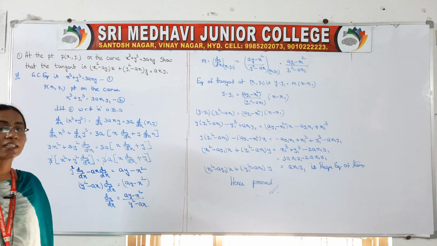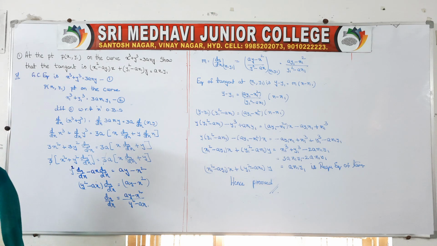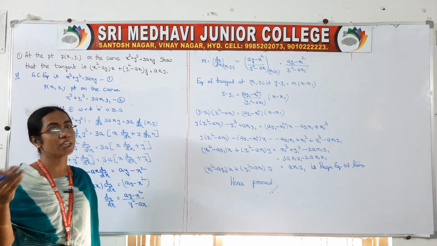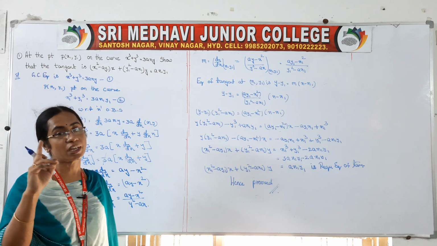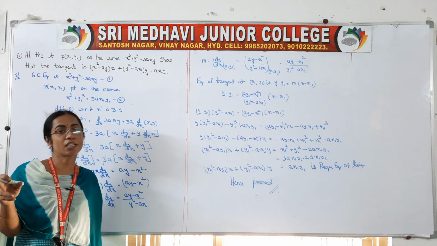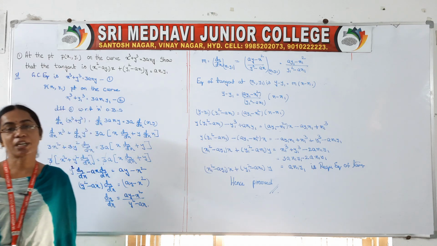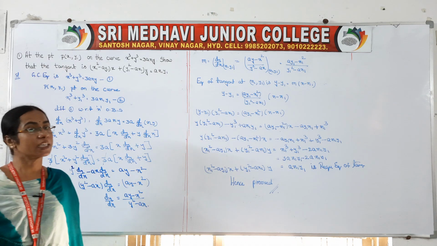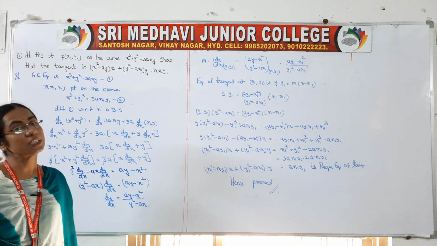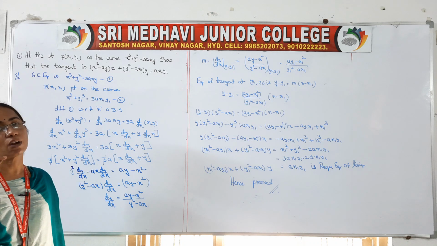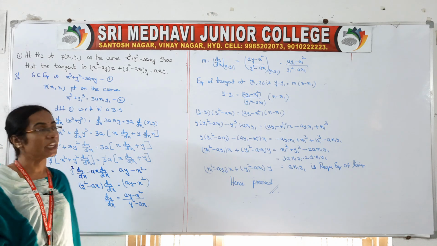How will we write the tangent equation? y minus y1 is equal to m into x minus x1. We need one point x1, y1 and the slope m, where m is dy by dx at the given point.